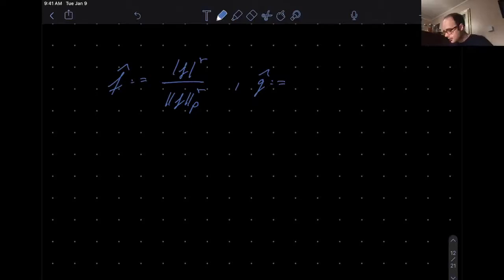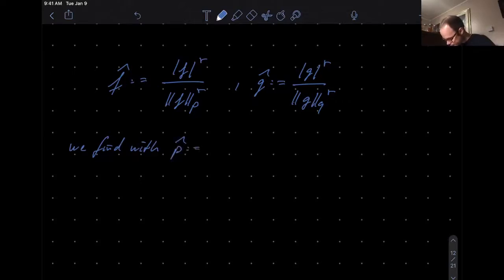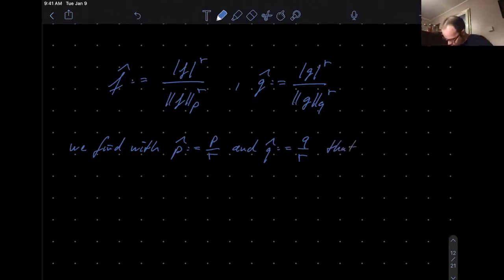And g hat, which is the complex modulus of g to the power r, divided by the q norm of g to the power r, we find, with p hat, which is p over r, and q hat, which is q over r, that the norms in p hat and q hat are not going to be infinity, so these are all going to be integrals.